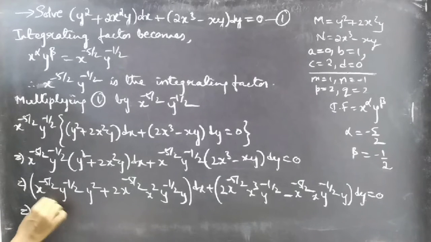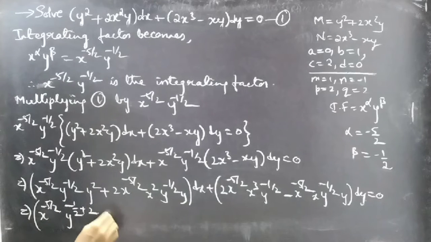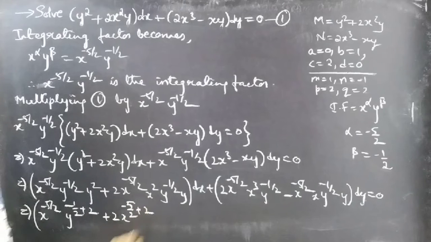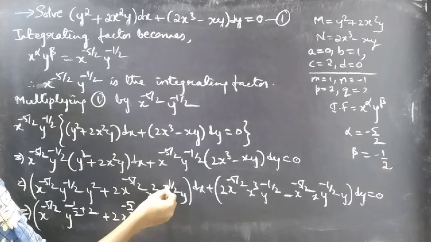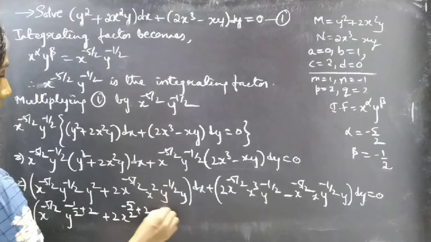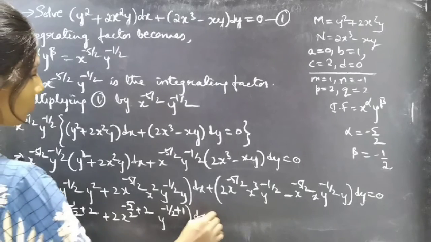We can write y^(-1/2) into y^2 as y^(-1/2 + 2), right? Plus 2 into, we can write x^(-5/2) into x^2 as x^(-5/2 + 2), and y^(-1/2) into y can be written as y^(-1/2 + 1), just add the powers.